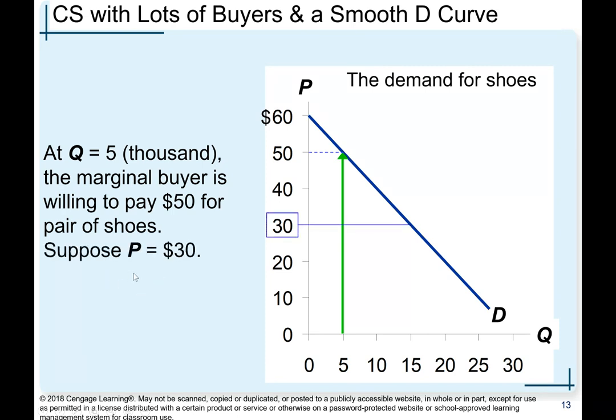Suppose the price declines to 30, okay? Then his consumer surplus is 20. So the marginal buyer's willingness to pay is 50 and the price goes to 30, then the consumer surplus is $20.